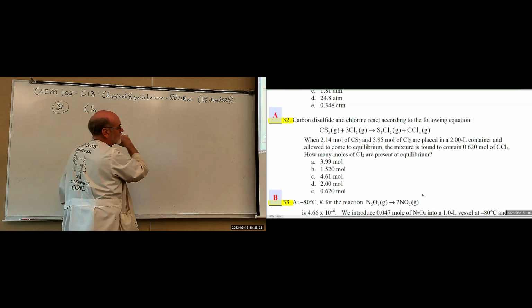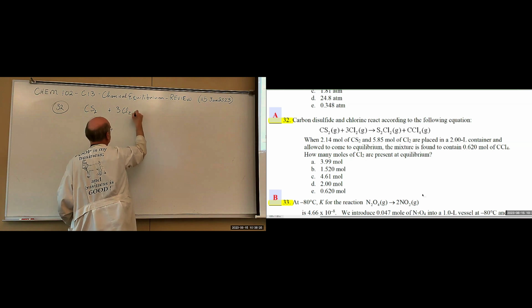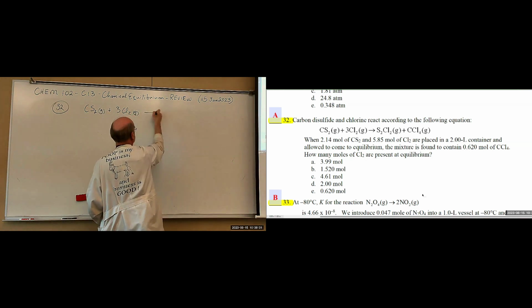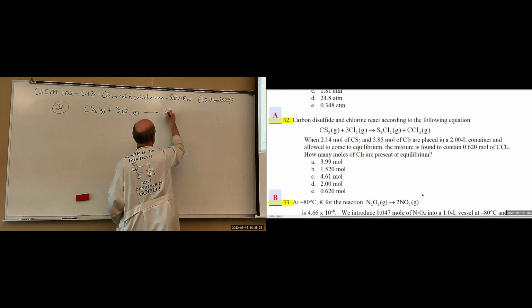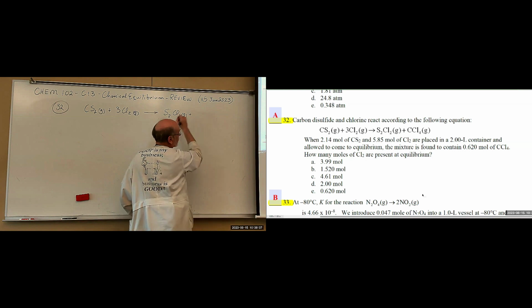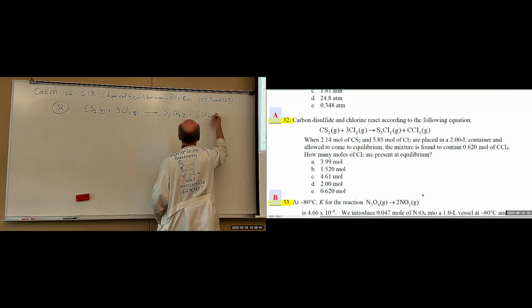CS2 plus 3Cl2, these are both gases. Carbon disulfide yields 2Cl2, the gas, and carbon tetrachloride.